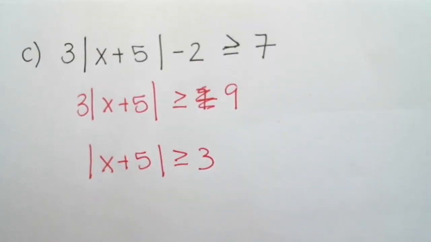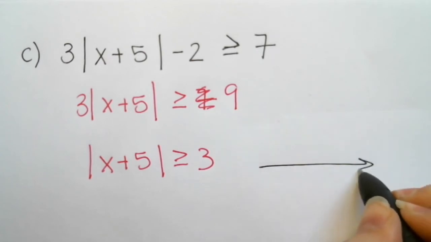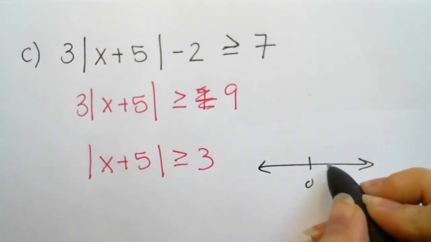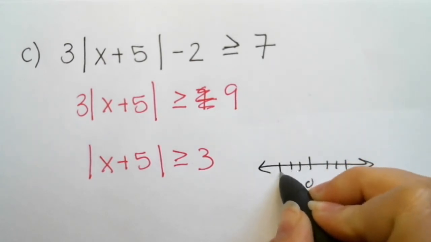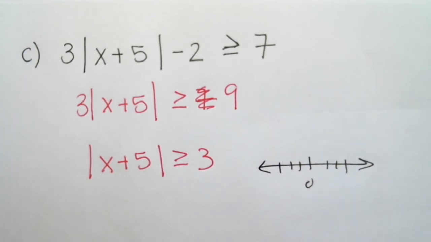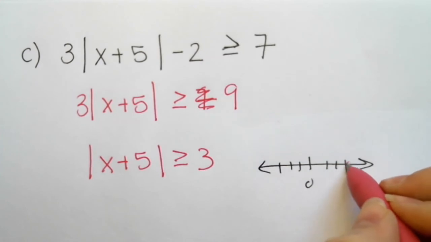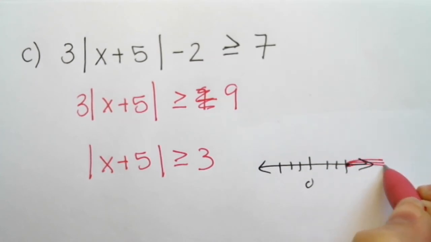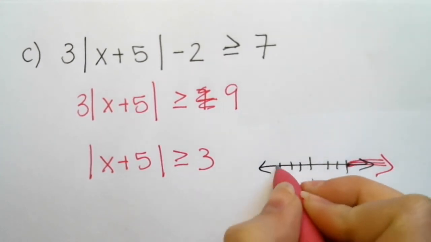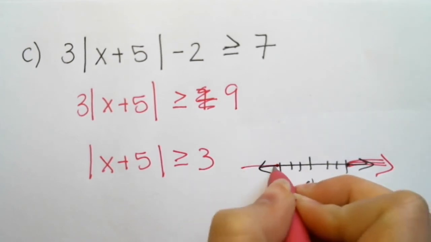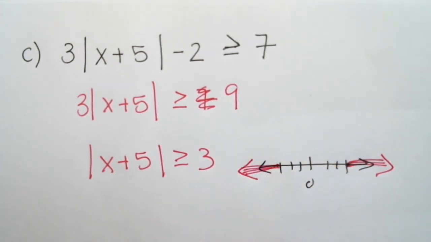So now I'm looking at what numbers have absolute value greater than or equal to 3. So I'm talking about going where the absolute value is 3, and then I go further away than that. Here where the distance is 3, and then my distance is further away than that.